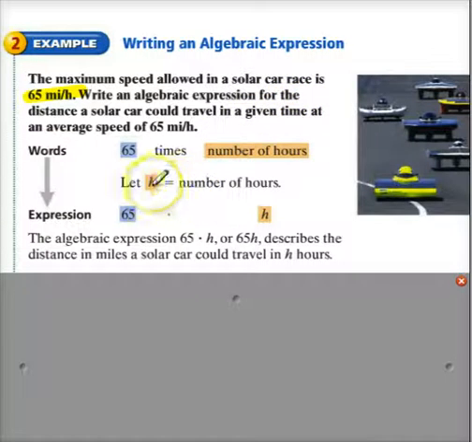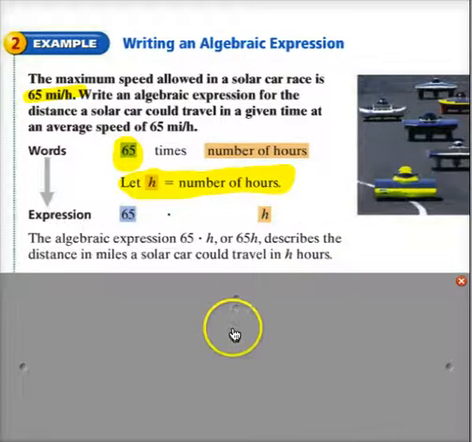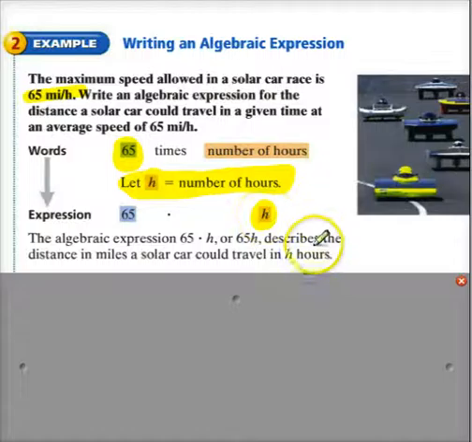So say h stands for our number of hours. We don't know how long we're going to ride our solar cars, but we know they can go 65 miles an hour. Our expression becomes 65 times h for however long they go. That will tell us the distance our solar car will travel. So 65 times h was our algebraic expression.